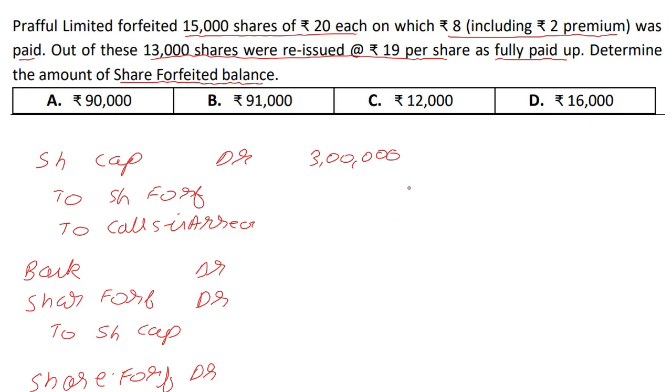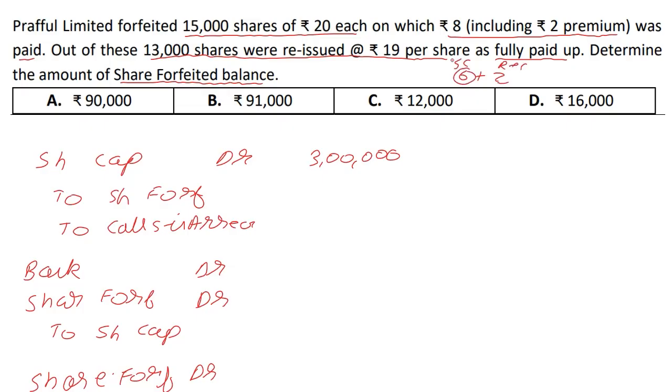How much has been paid from the previous issues is what's important. So if we are forfeiting 20 each, on which 8 including 2 premium was paid, we have to remove the 2 premium. So this 8 including 2 premium is 6 plus 2. This is our share capital and this is our reserve.